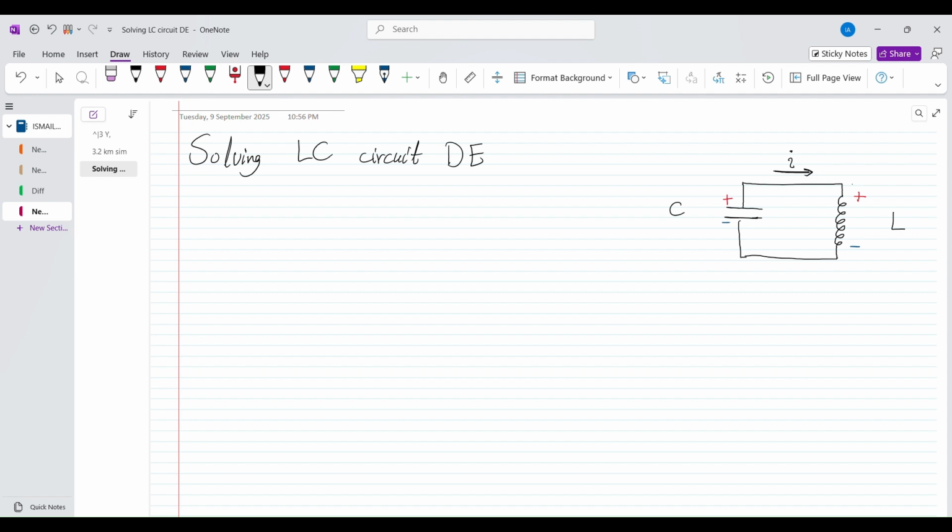Now, for a capacitor, we have the following.